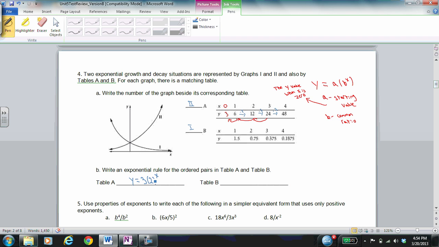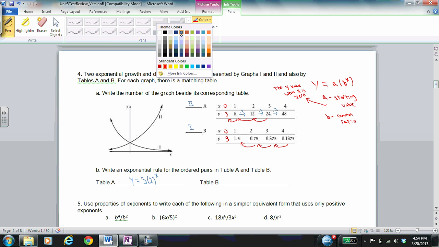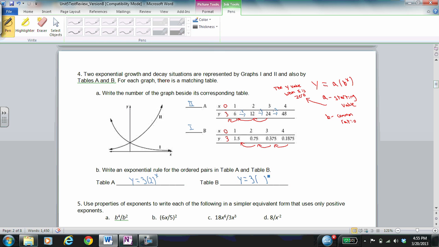That's 2. Now looking at the next table, again we have to add in the 0 value for x. And let's see if we can figure out what's going on from term to term. This one's a little harder to tell, but it's actually multiplying by 2 every time if we go backwards. So this 1.5 times 2 is 3. So this rule is also going to start with y equals 3 times something to the x power.